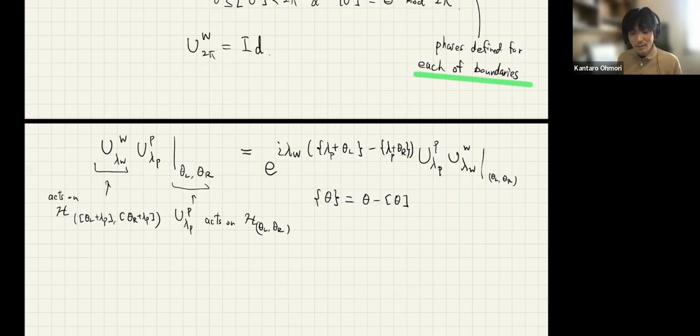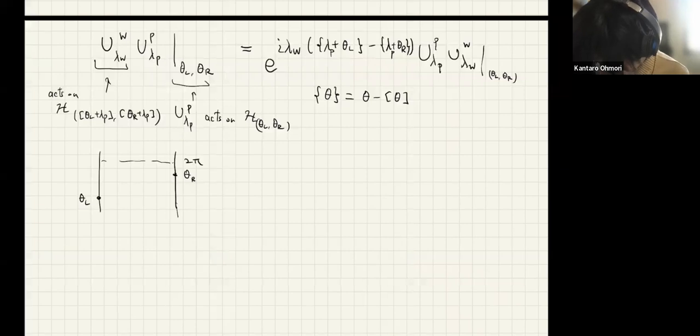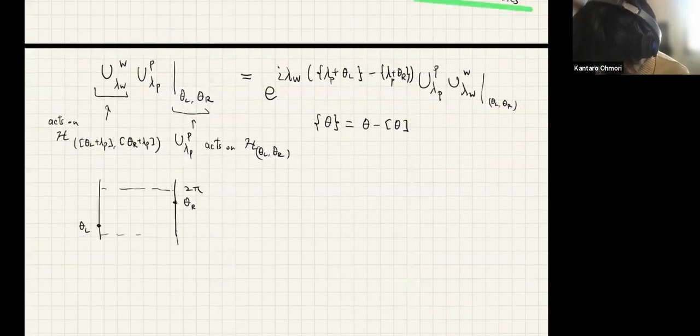So the original string is like this, and then we translate by lambda P, so it might become like this.